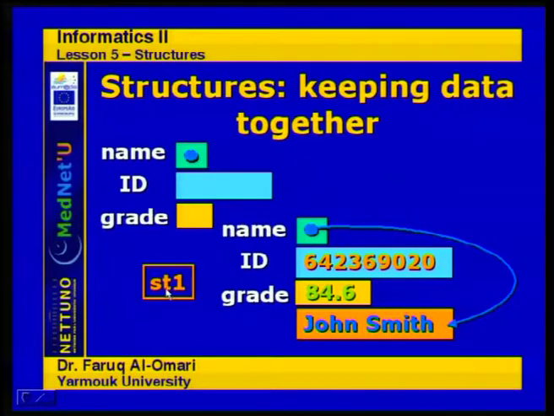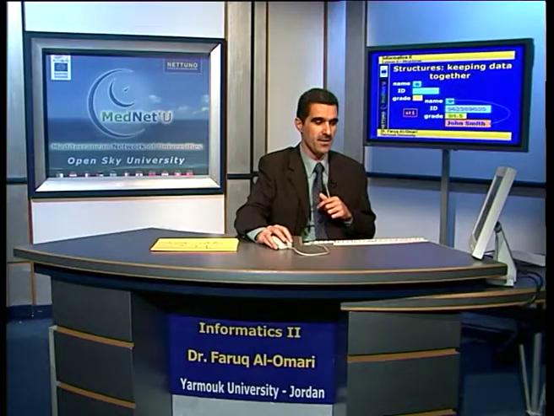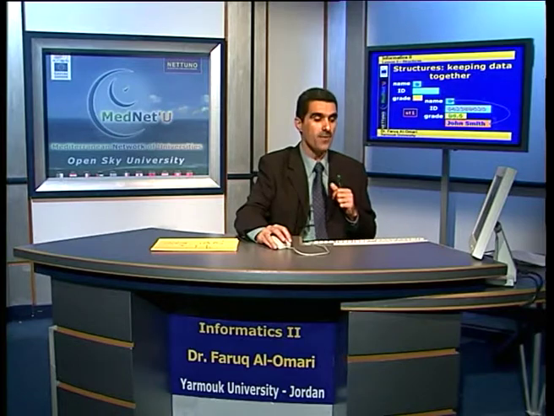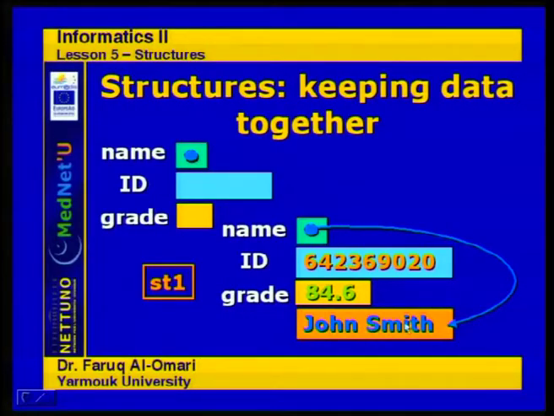And then when I define my variable st1 of type student, now I'm reserving in memory a block of data good enough to hold this record, which is the record of the student named st1. The first entry in here is just a pointer. So in memory, these 3 elements are contiguous, as a matter of fact. However, this one could be located somewhere else.